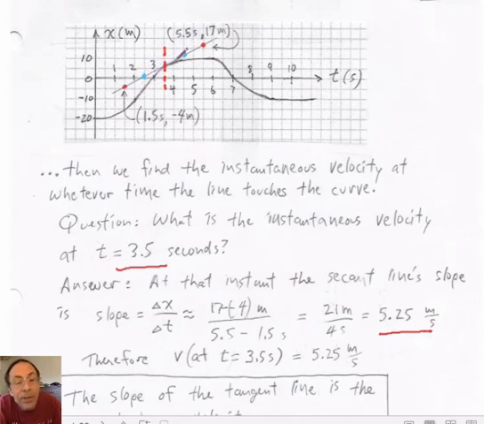And I would have gotten the same answer. I would have still gotten 5.25 meters per second. The numbers would have been different here, but in the end, you would get the same answer, 5.25, except perhaps because you're eyeballing it and making approximate estimates of where the points are. They might be slightly different, but it shouldn't be very different.